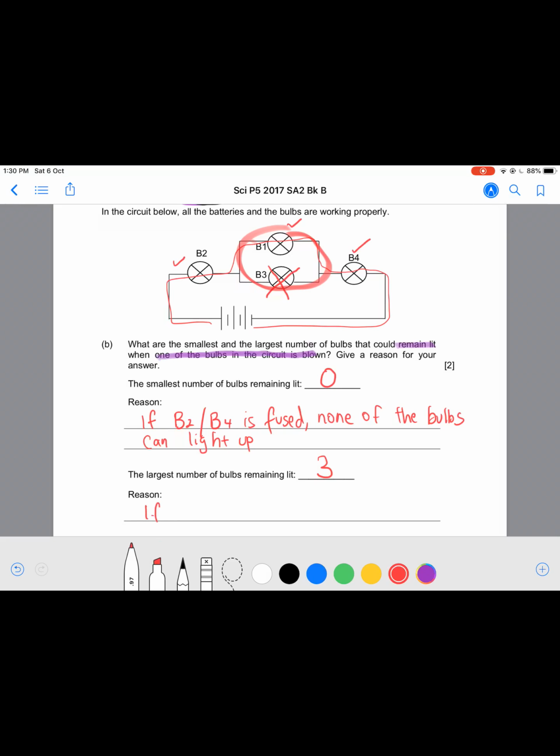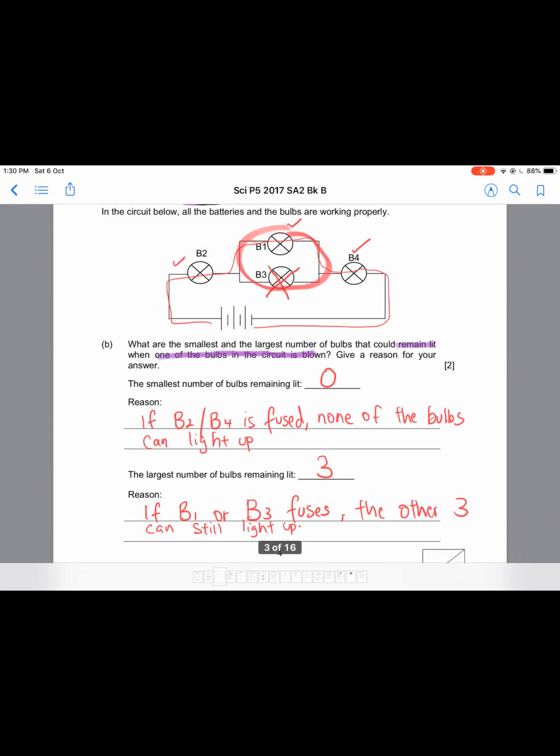Because if B1 or B3 fuses, the other 3 can still light up. Quite an interesting question, right? So it is testing you on how much you know about the properties of parallel and series.